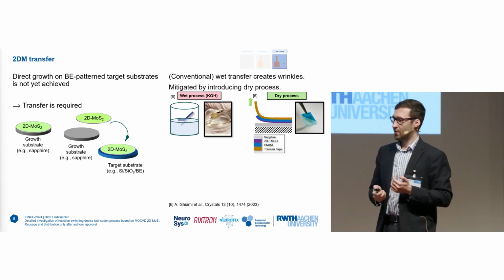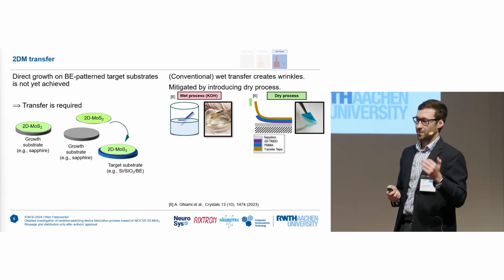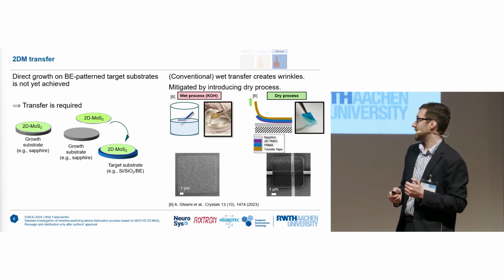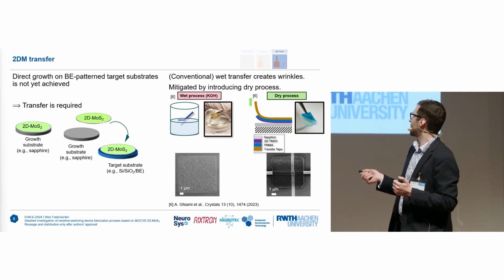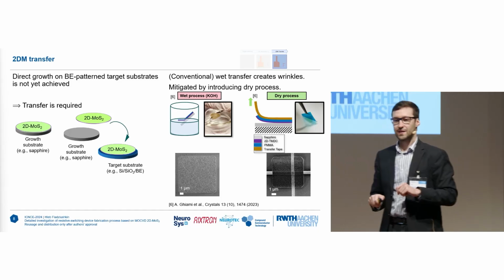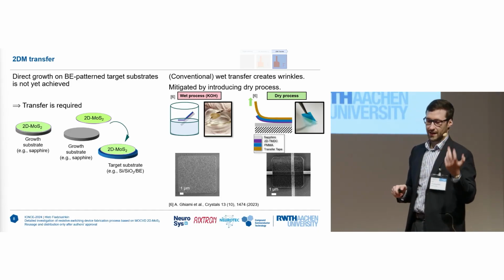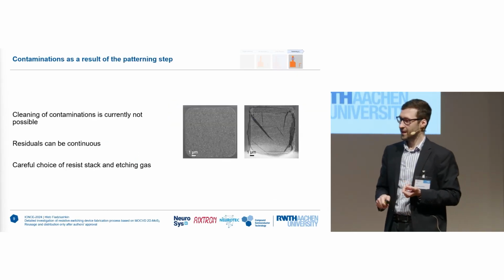So we moved on over time to a dry transfer process, which mitigates those issues. You can see, for example, from the results, here you can see quite a bit of wrinkles. This one is very smooth, very nice, and also at the same time, it helps to eliminate these weak points that lead to creation of pinholes.